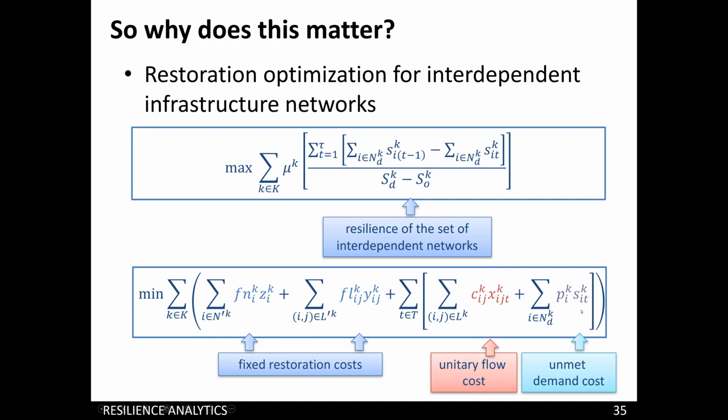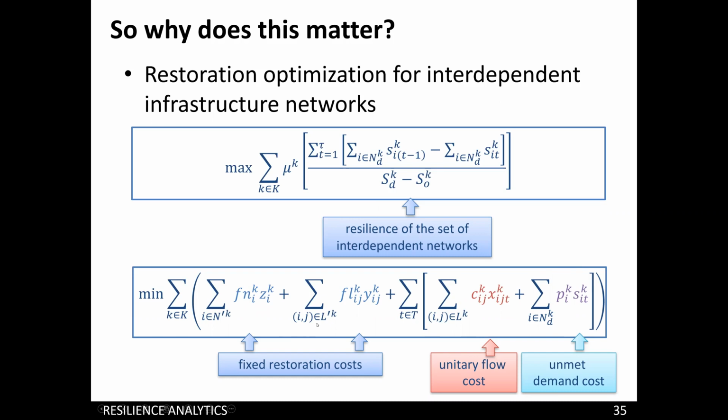And then costs associated with not being able to meet demand at different demand nodes. So if power is out, there's a cost associated with power being out here. Okay, so we've got to fix this stuff. There's a traditional flow cost, and then there's a cost associated with not being able to meet the demand in those different networks. And we want to minimize that. So we want to maximize resilience, minimize costs, and those are competing with each other.